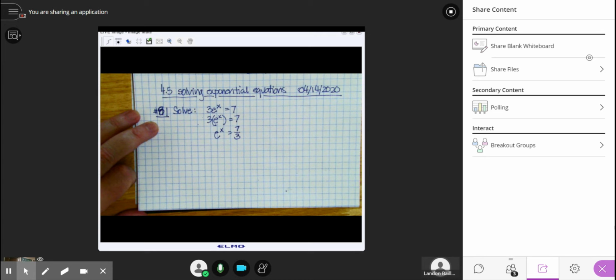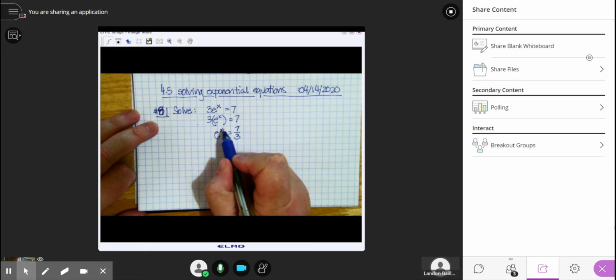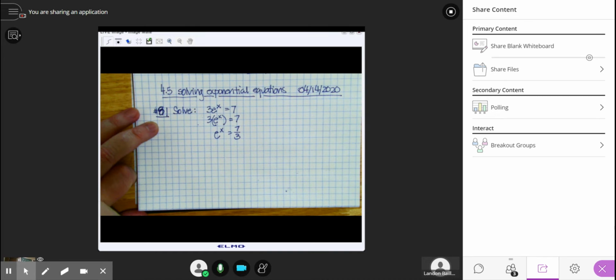Yep. And then what neutralizes an e? Like, what's the inverse operation for e? Nope. It's not e or 1 over e.